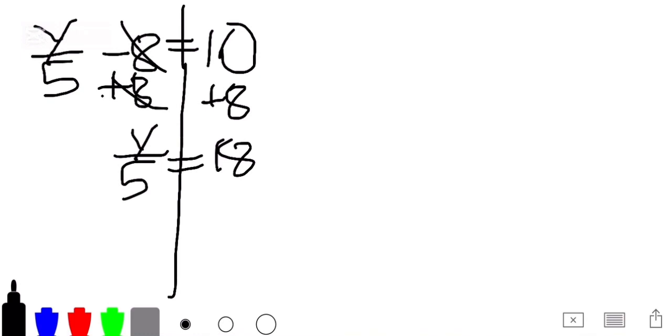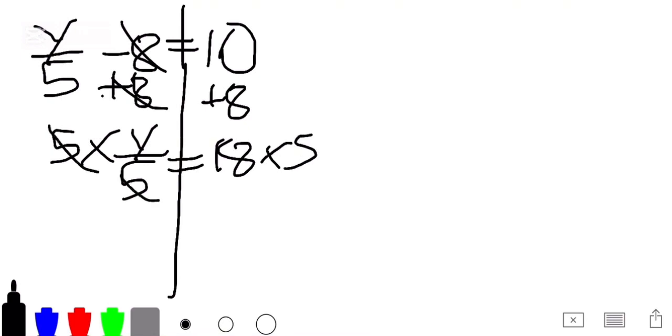Alright, so the next step is to isolate the variable further. And we do this by getting rid of the dividing 5 below the y. The opposite of division is multiplication. So we times 5 on this side, and also write times 5 on this side.